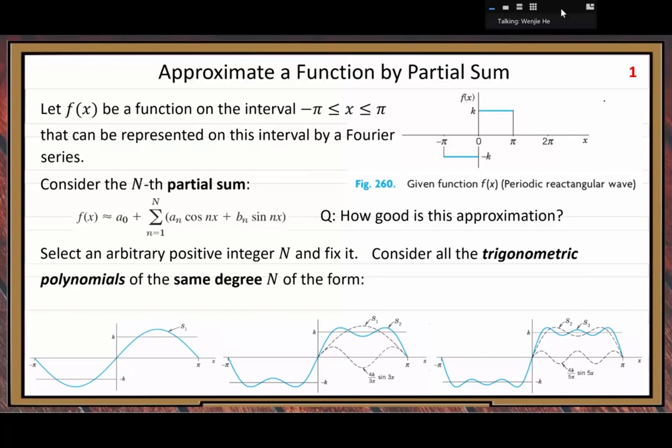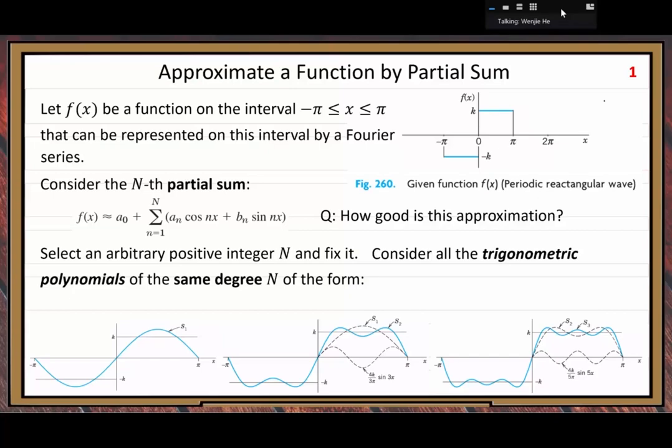The current question is: how good is this approximation? Our general consideration is this: is this approximation the best approximation or not?